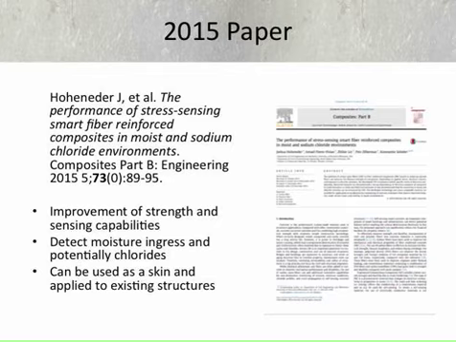So the results indicated that the material can provide an effective and safe way to monitor the concrete under different loading and also under exposure to different conditions. Most interesting, though, is that the material can be used as a sort of stress sensing skin, which enables it to be applied to existing structures as well as new ones.